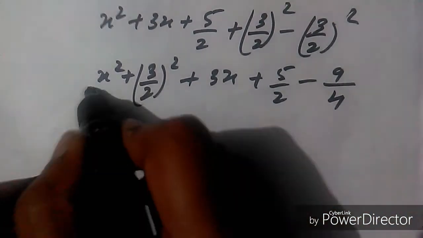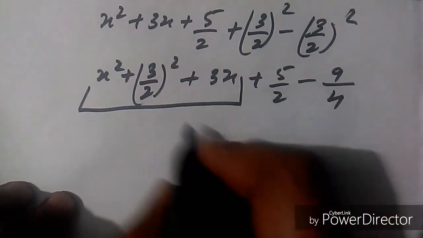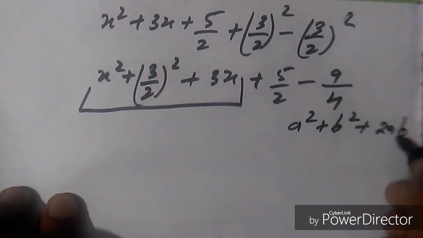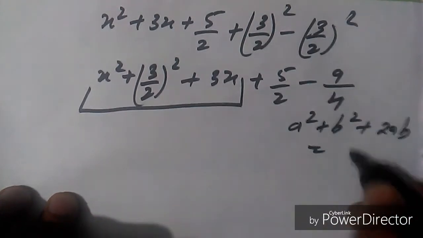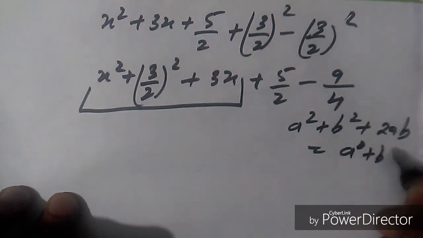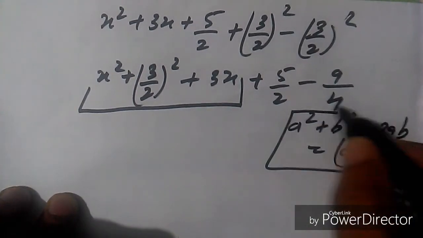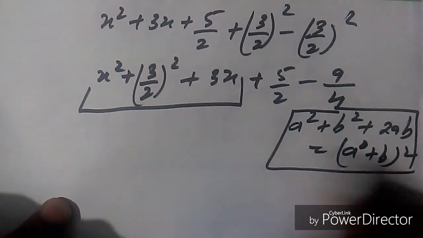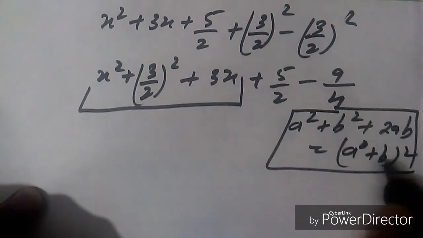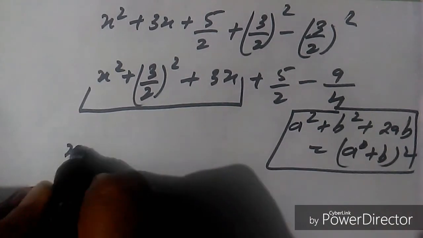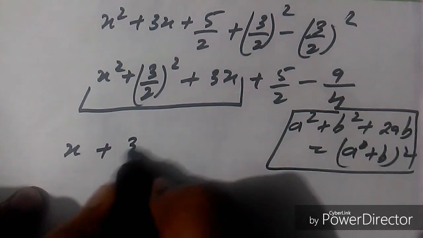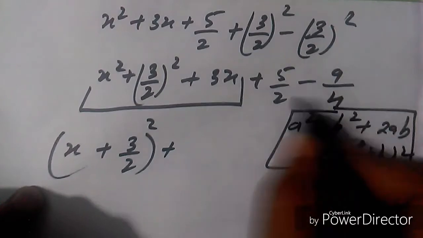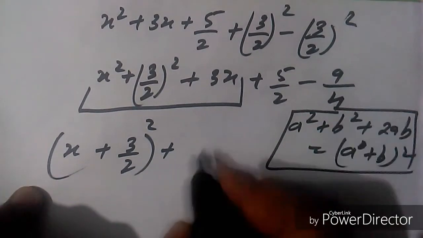That is the formula of a square plus b square plus 2ab, which is always equal to (a plus b) square. You already know this formula, and now we change this equation: (x plus 3 by 2) square plus, now we solve this, 5 by 2 minus 9 by 4.